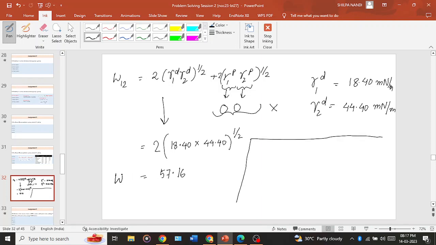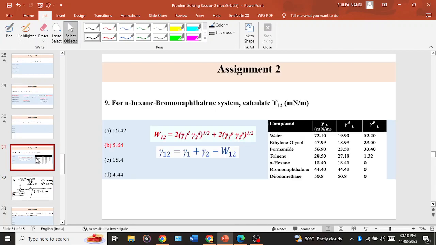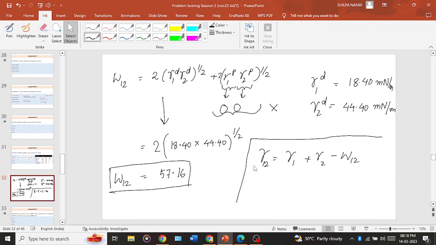Now when we have the value of W12 already, we can simply put this value in the formula of gamma 12 is equal to gamma 1 plus gamma 2 minus W12. So this gamma 1 and gamma 2 we can relate back from the table. For N-hexane it is 18.40 and for bromonaphthalene it is again 44.40.